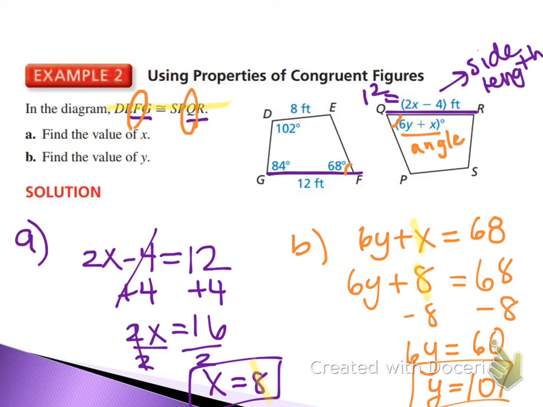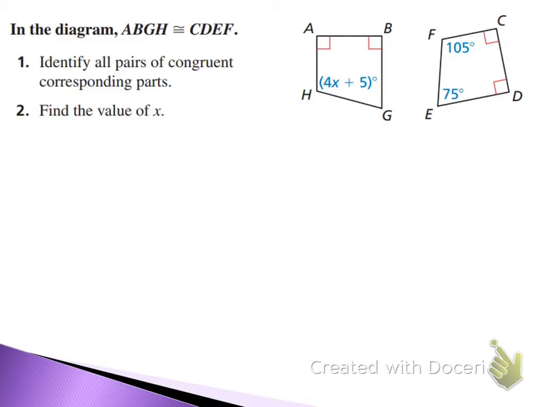All right, we do one more. So take your highlighter again. Highlight that congruent statement. This one especially, you want to make sure you're reading this, because question 1 is probably the bane of my existence all year.